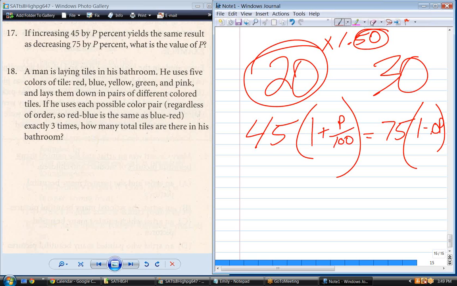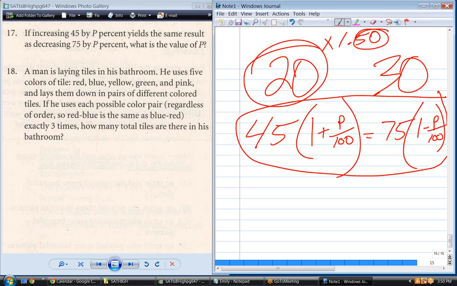There's where I was going wrong. And over here, I'm subtracting p divided by 100. If I increase 45 by 50%, I'm going to multiply it by 1.5. If I decrease 75 by 50%, I'm going to multiply it by 0.5. So this is the correct equation.